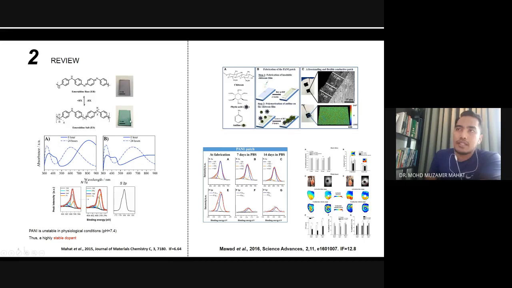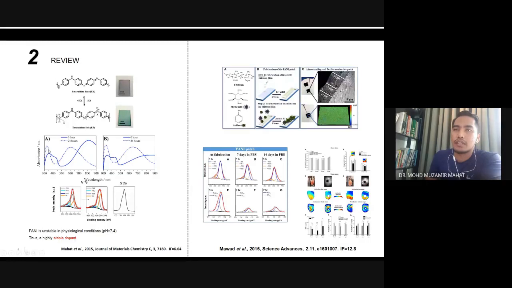Meanwhile, this is very acidic, and you see that this is reversible. So after putting this polymer into a pH of 7.4, this polymer turns into a different color, and it is after 24 hours. You see the dotted line here.